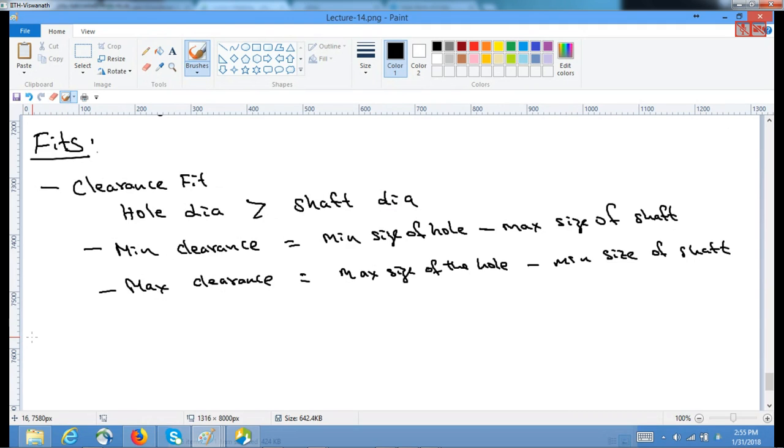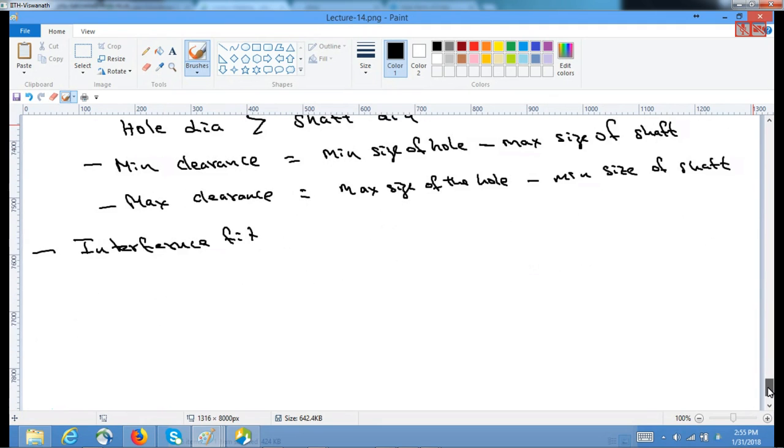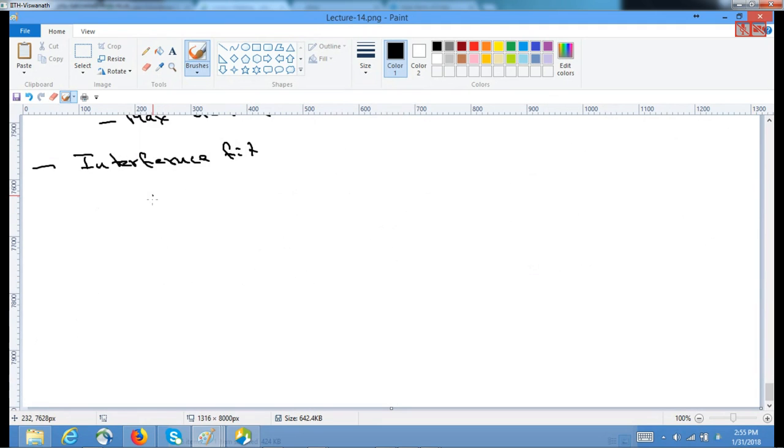Similarly, for an interference fit, we know that hole dia is less than shaft dia.